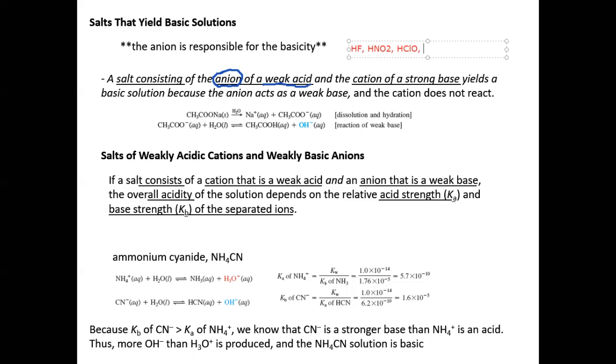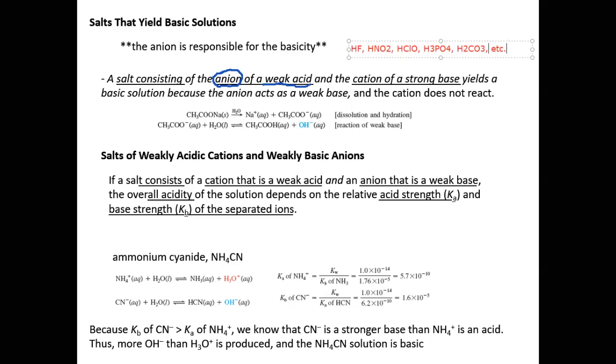Let's see what else. H3PO4, H2CO3, etc. This is just some examples. So there's thousands of weak acids.